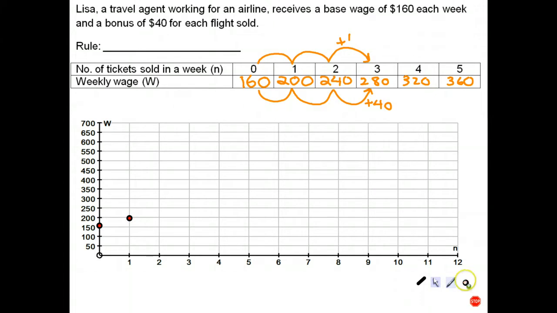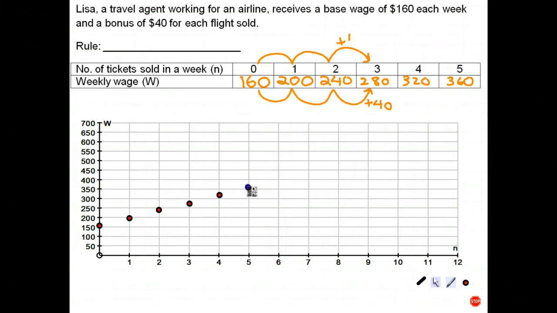If she sells two tickets, it's $240. If she sells three tickets, it's $280, so that's roughly about there. If she sells four tickets, it's $320. And finally, if she sells 5 tickets, it's $360.